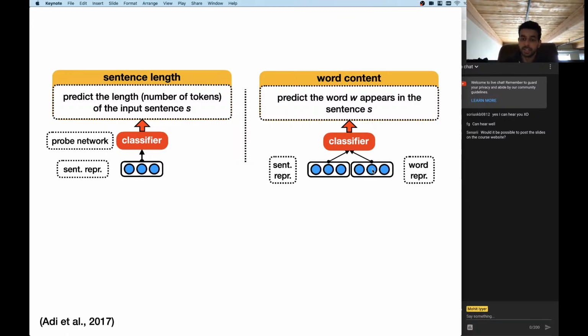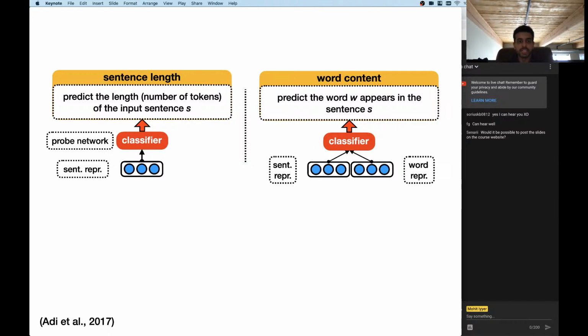This could just come from the token embeddings that are part of our model. We can feed both of these into a classifier and ask, does the word represented by the vector on the right occur anywhere in the sentence whose representation you've computed on the left?